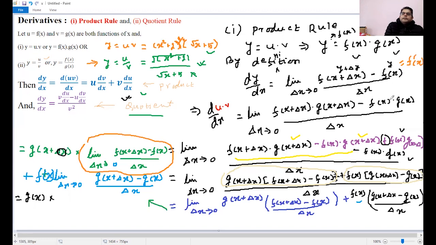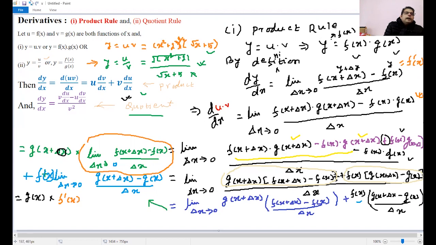Here I have used the pattern for the same. In fact, this is the derivative of y. Here, this is the derivative of the function. So what is it? This is f'(x).